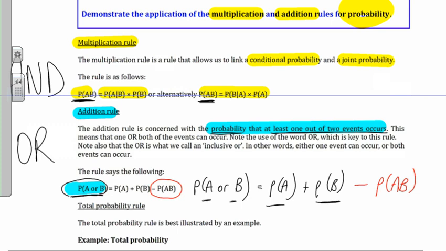Let's just say, for example, I'm trying to work out what is the probability of me picking an ace. So let's say I define A as the probability of me picking an ace, and I define B as the probability of me picking one of the cards that are hearts. Is everybody comfortable with that?